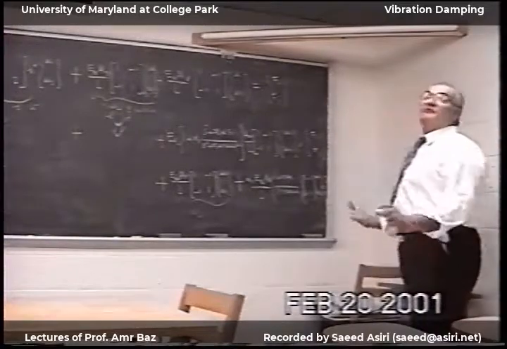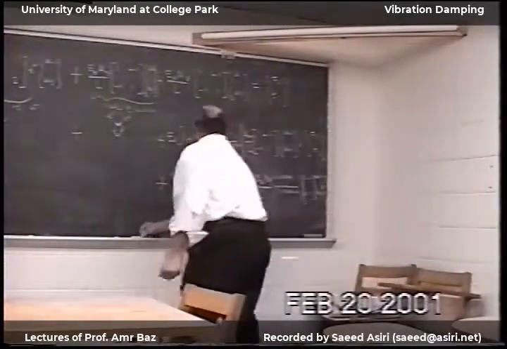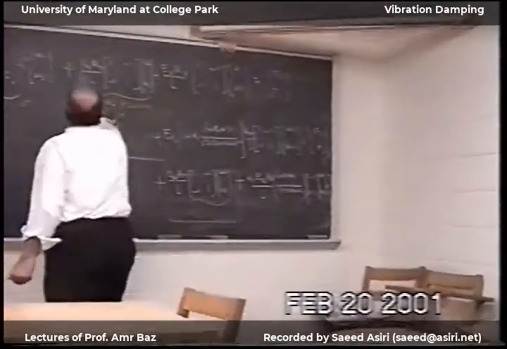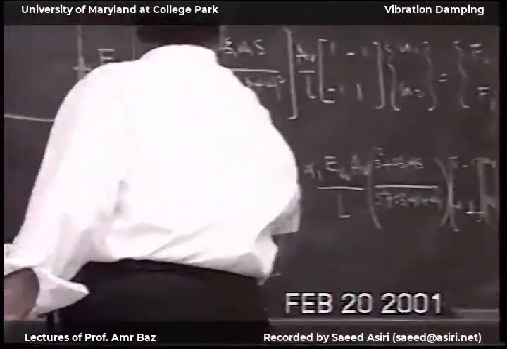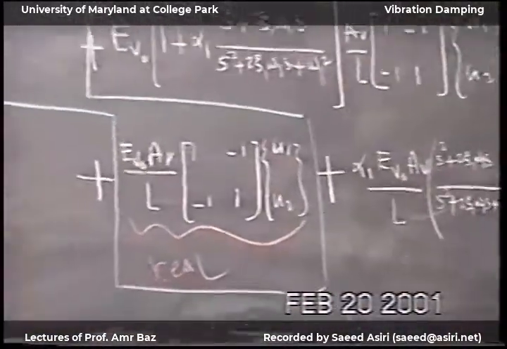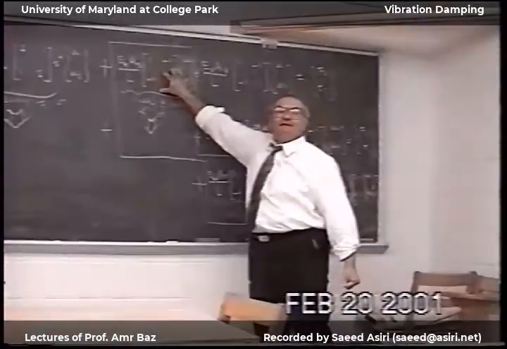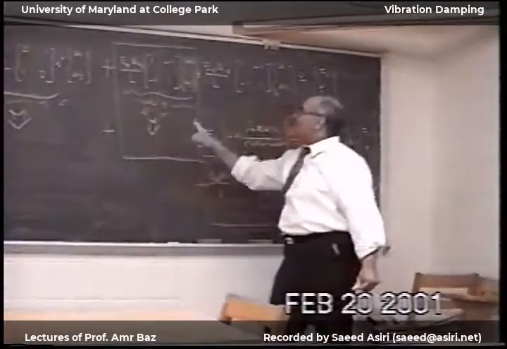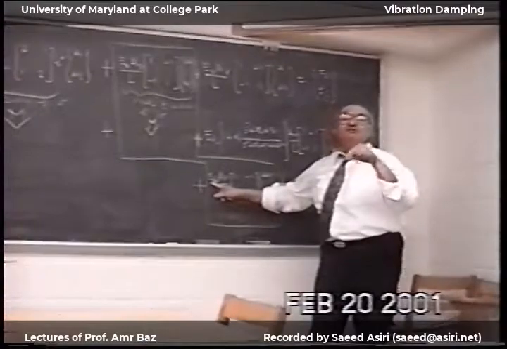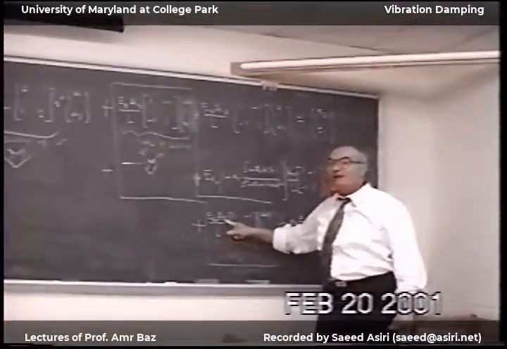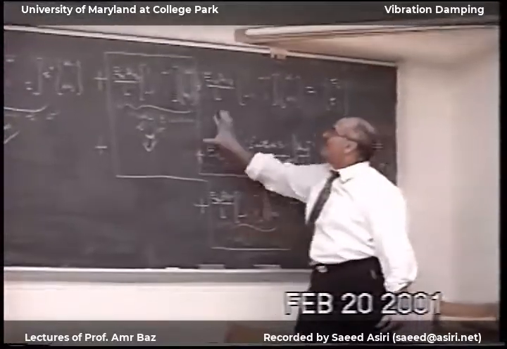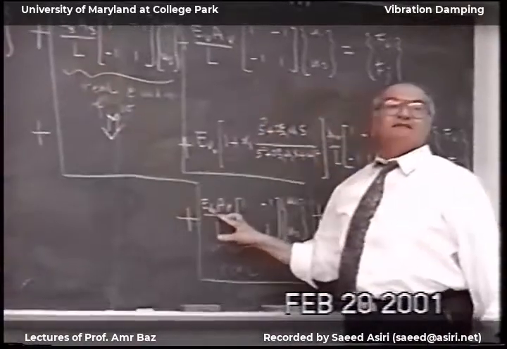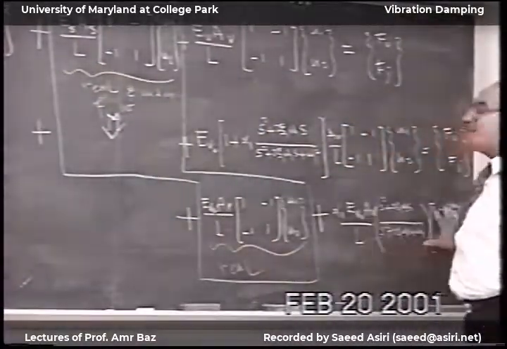So if you look at this term and this term, these are exactly the same. E A S over L is real for the structure. EV0 is real for the viscoelastic, A viscoelastic over L. So in effect I have these two multiplied times the summation of this plus this. This is real. And then I have the problem at the last term.